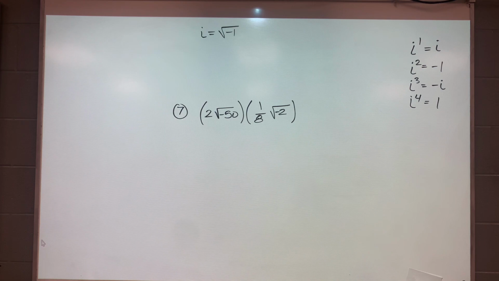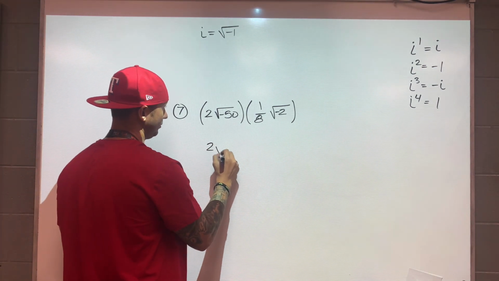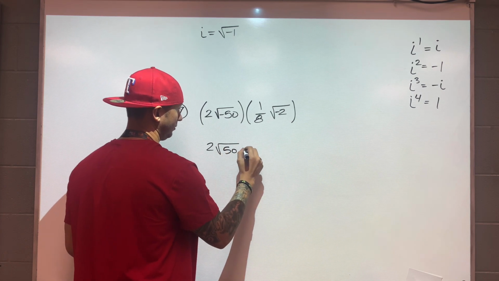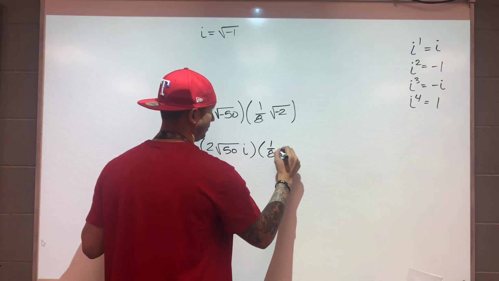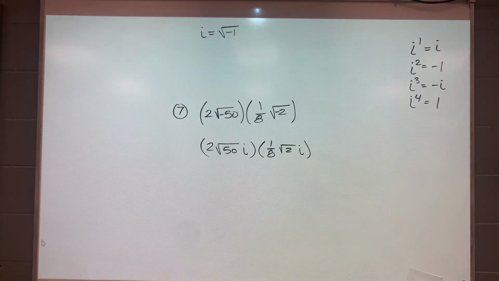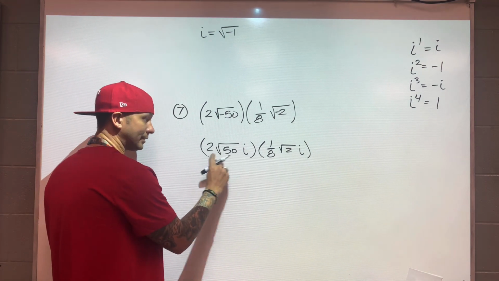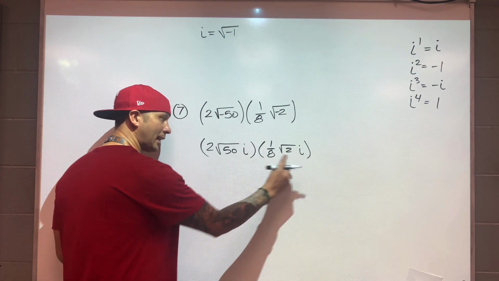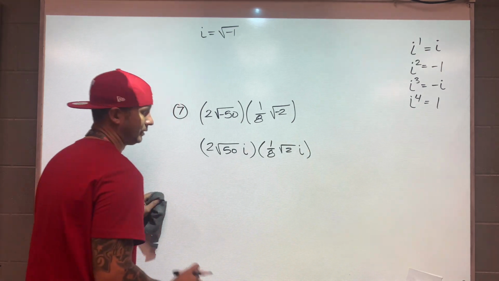First thing I'm going to do is pull out the i's. Everything here is being multiplied. So really, all the i's can move to the back. Or I can do the outside times the outside, the square roots times the square roots, and the i's times the i's.